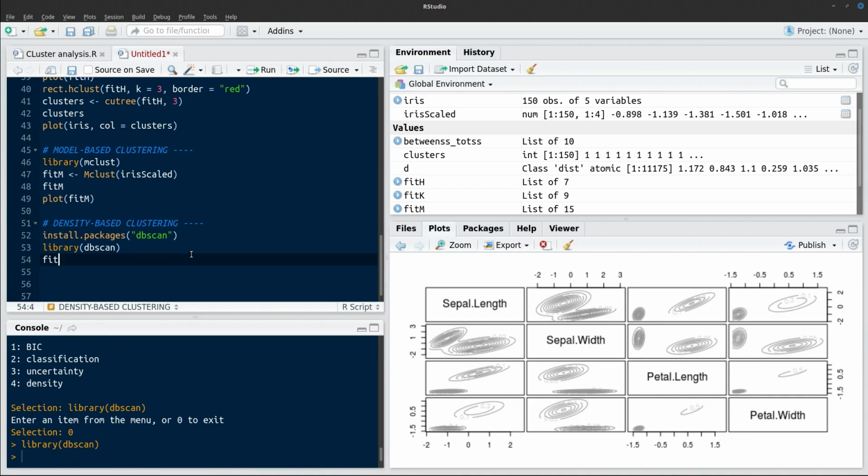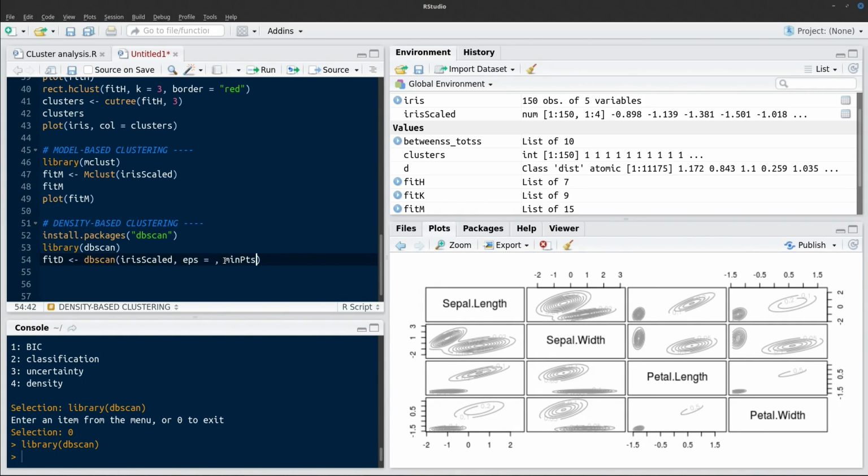Okay, so we're going to fit a new model called fitD, and the function to run this density-based clustering is dbscan. We're going to supply it the iris scaled data frame. And then there are these two arguments that we need to supply, eps and minPts.